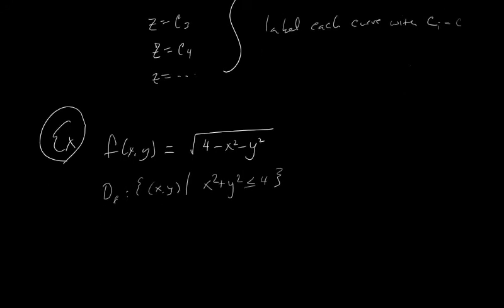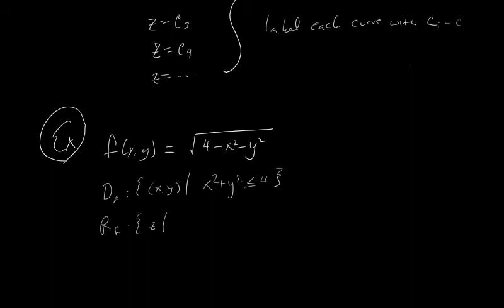Okay. Then our range for this function, it's going to top out at 4, right? Because we are subtracting x squared plus y squared. Now, x squared plus y squared is always positive or 0. So the smallest x squared plus y squared can be is 0, which means we would end up with the square root of 4.